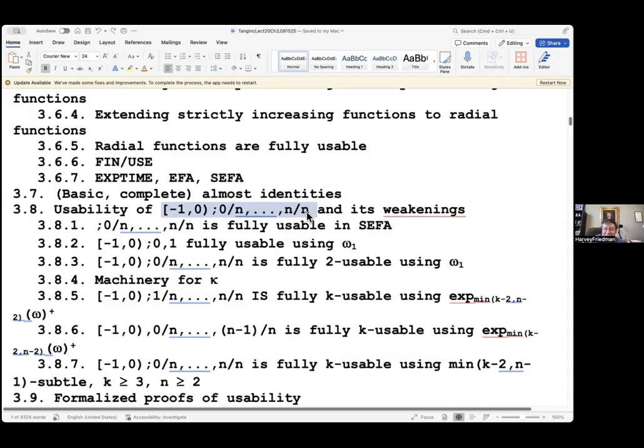And this is where a lot of set theoretic power comes in, various set theoretic power, depending upon the size of n, and how much usability are we talking about? Are we talking about 2 usability or k usability? That means the dimension.